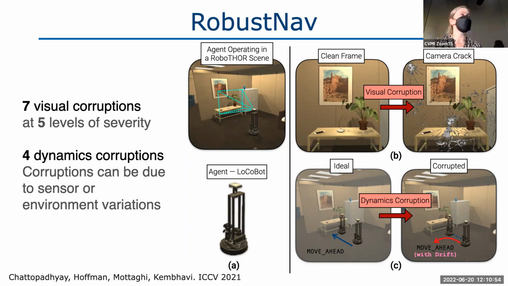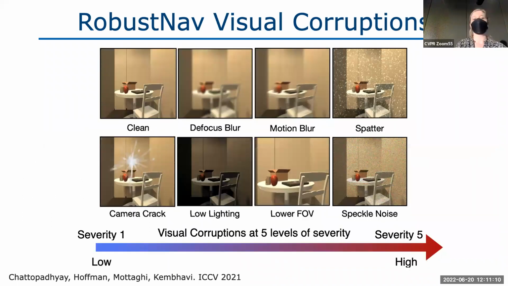So in this RobustNav benchmark, what's being introduced is an ability to understand, evaluate, and measure how the performance might degrade in response to changes in the visuals. Some examples of the corruptions for the visual space include what would happen if there was motion blur, or lower lighting conditions, or if there were debris on the camera.